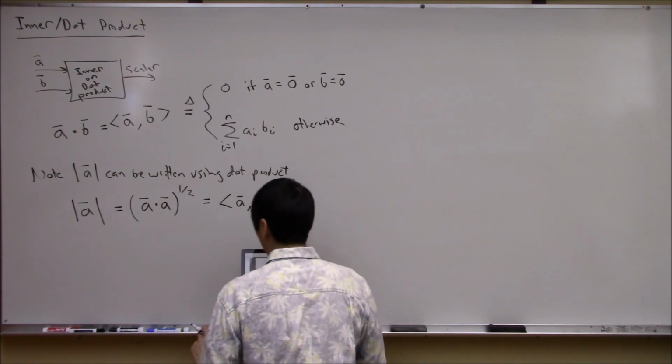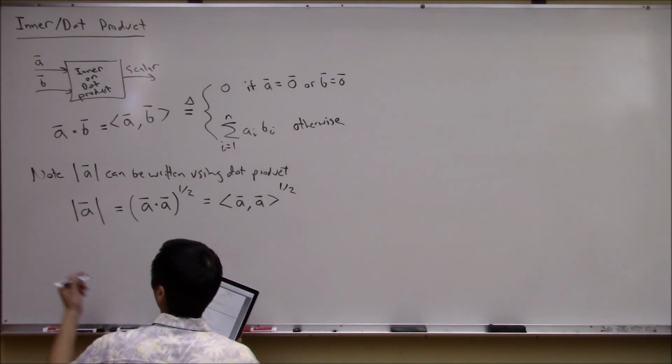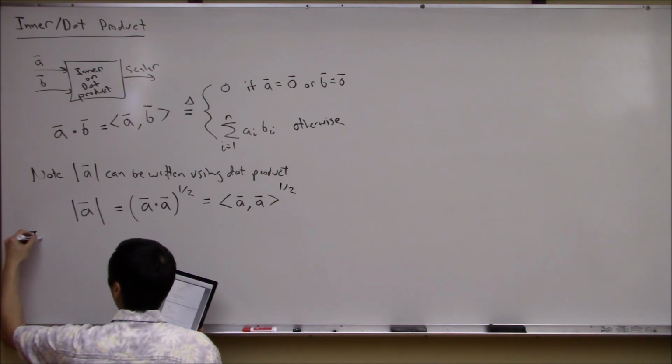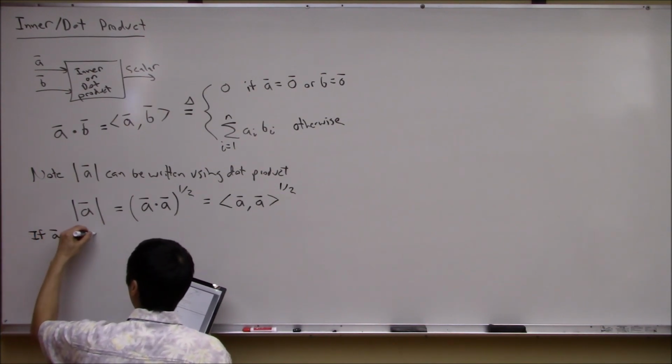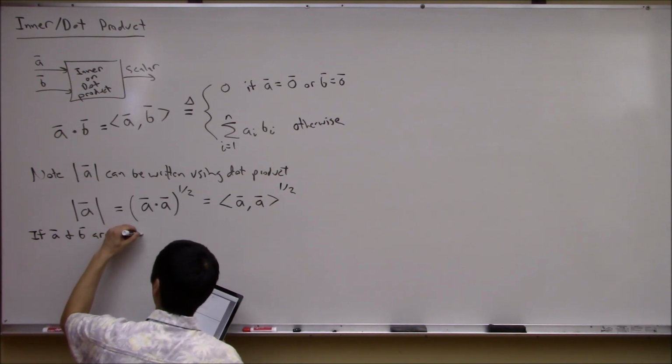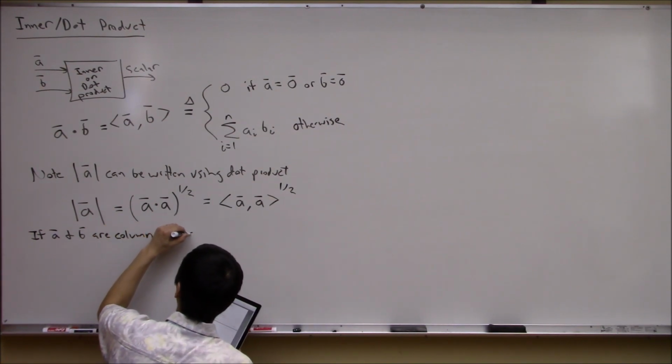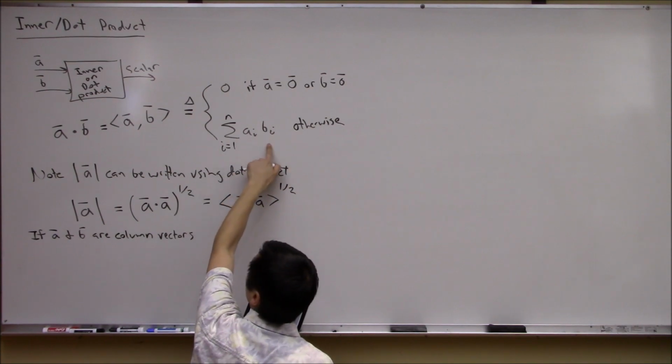Now, the last thing that I'll mention before we look at an example is if A and B are column vectors, there is a very easy way to make this calculation.